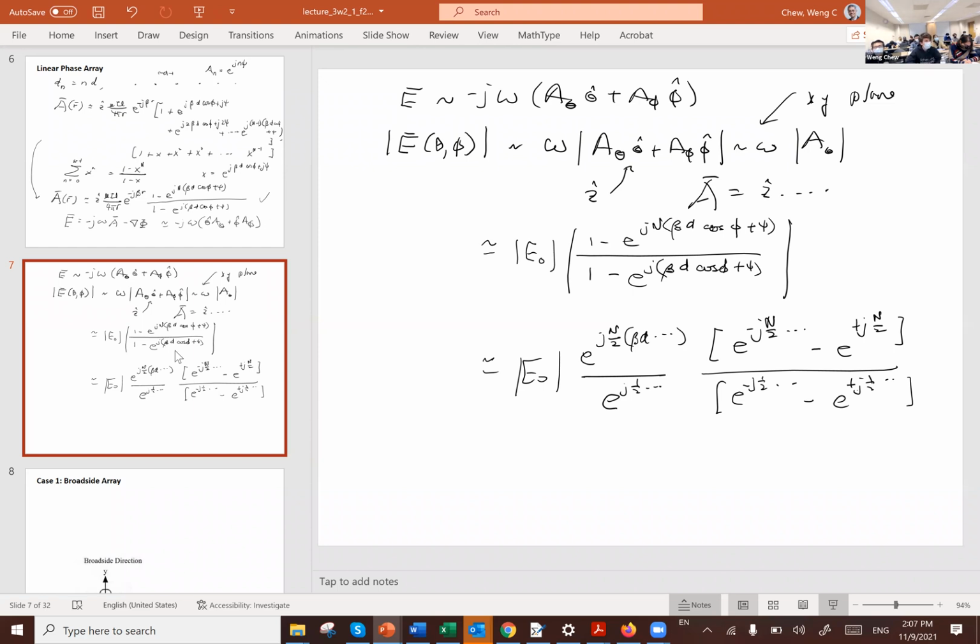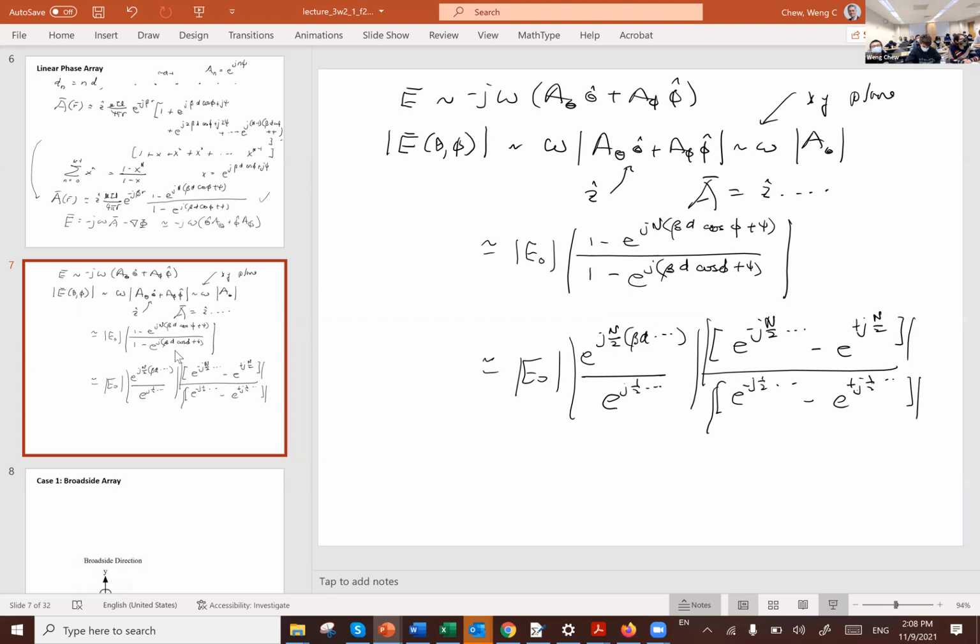So if you were to take the magnitude of this, it is the magnitude of this times the magnitude of this, the magnitude of a product of complex variables. You see that the magnitude of this is 1, but in a difference of two exponential functions, what will it become? Yeah, it will become a sine because we have a minus sign.